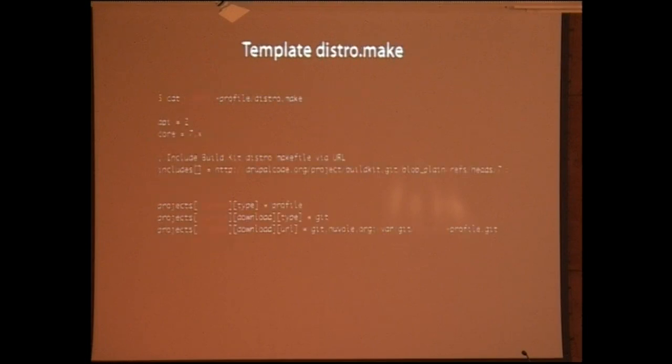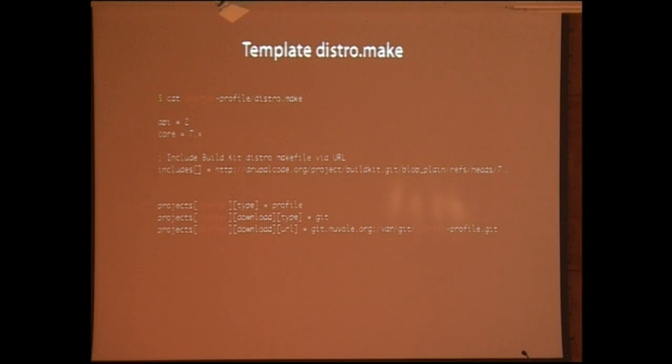For example, this one is the generic starter profile that we use. If you want to have a look at the repository, that's the content of it. So it's a normal profile. It has distro make, starter make, and then the starter info, install, and profile. Let's have a closer look at the content of this installation profile template.